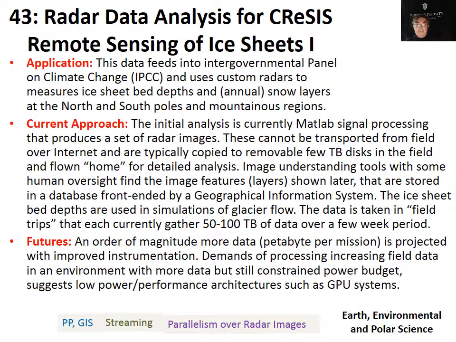Here we have use case 43, which is one I'm associated with, radar data analysis of ice sheets. This is aimed at trying to feed into scientific understanding of ice sheets. That scientific understanding goes into climate change studies, because the melting and other changes of the polar regions is very important in climate change.